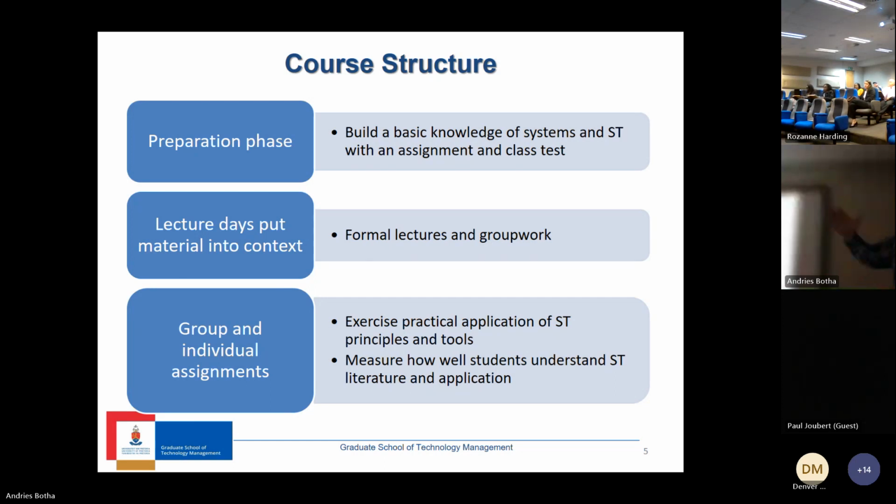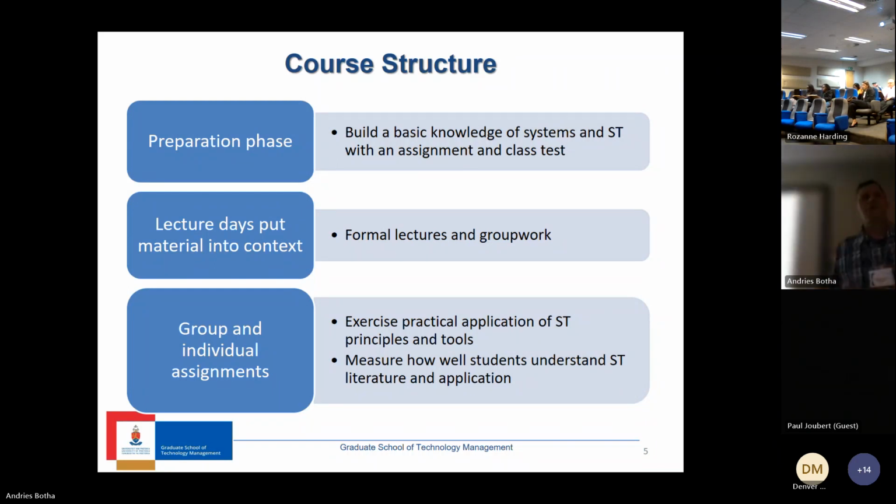The course can basically be broken up into a preparatory phase before the class. That's roughly a month and a half, where students have to read and do some high-level assignments on the material I'd like to cover, so they do not come into the classes cold.